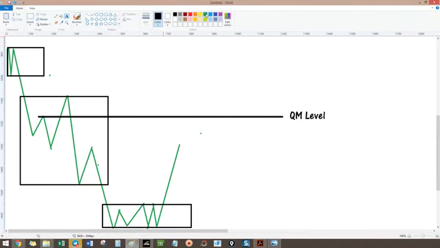And then price will do something like this. 1 and a 2 and a 3. It rises up a little. Oh no, it does something like this.